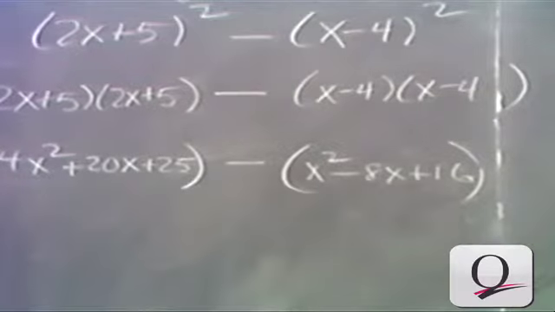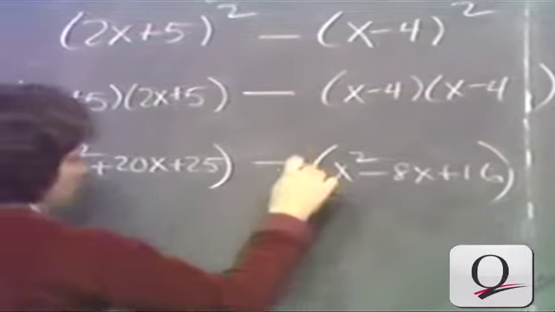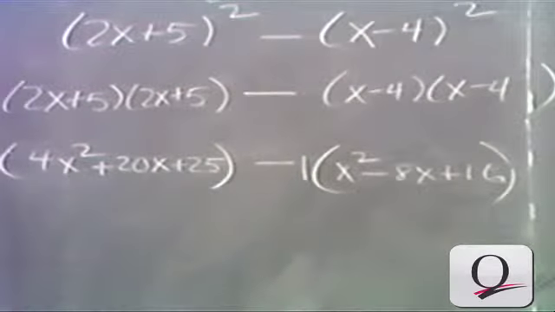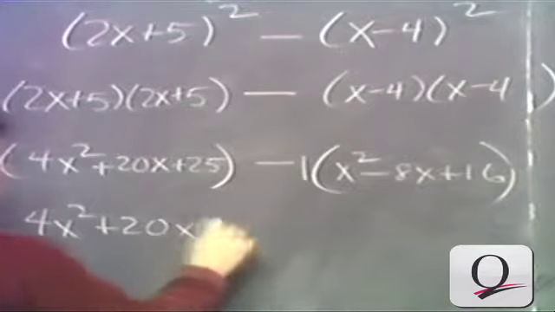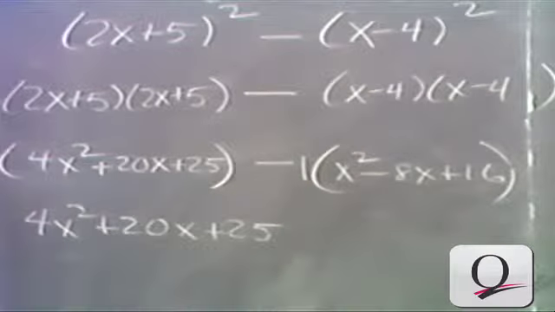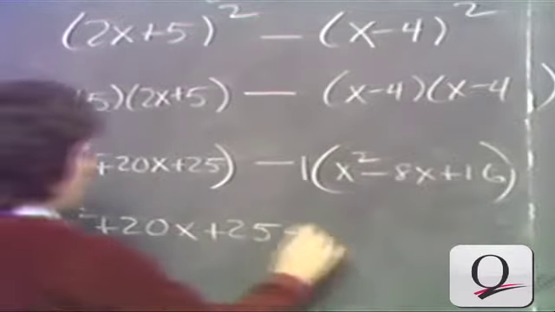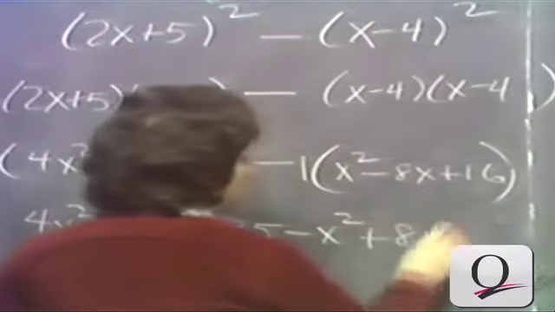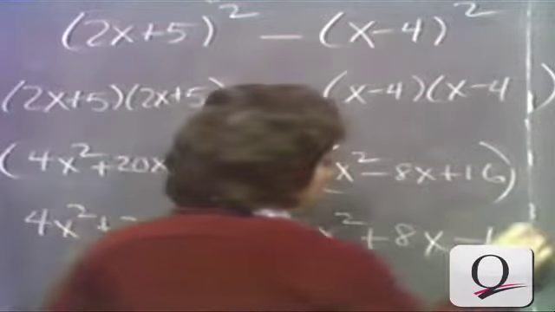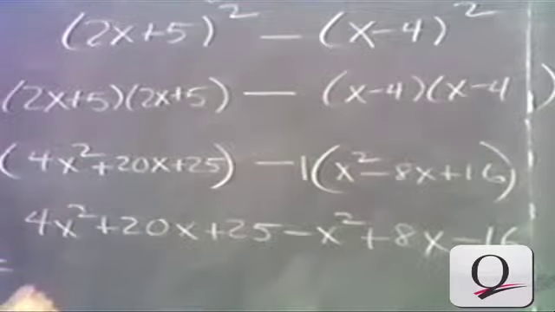At this point, we can now think of the subtraction as distributing a minus 1 through the parentheses. So we get 4x² + 20x + 25. Now distributing the minus 1: minus 1x², minus 1 times minus 8x, that's plus 8x, minus 1 times plus 16, minus 16.